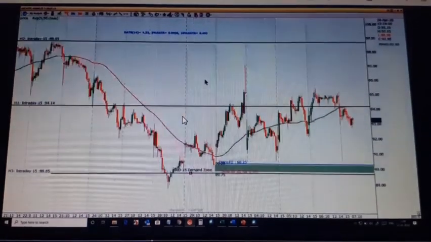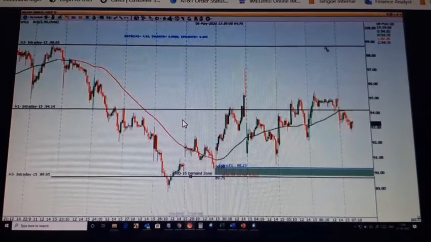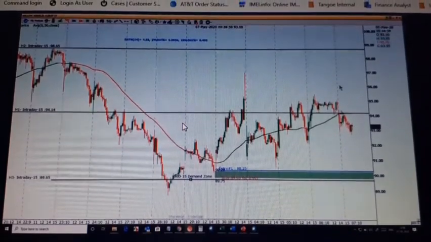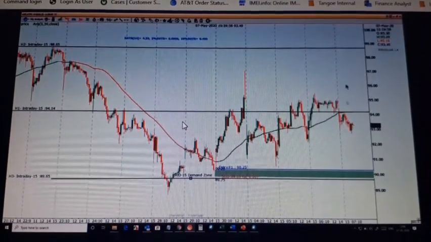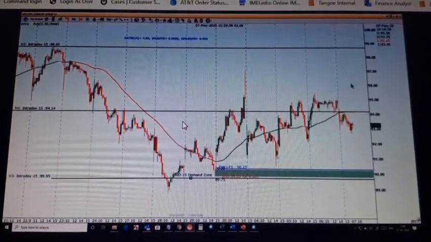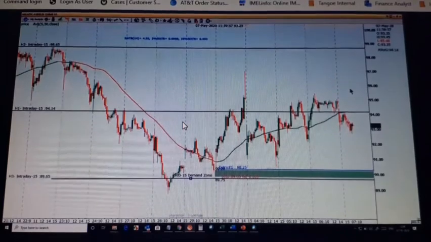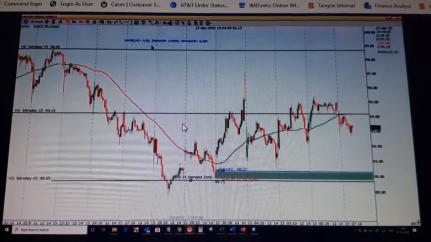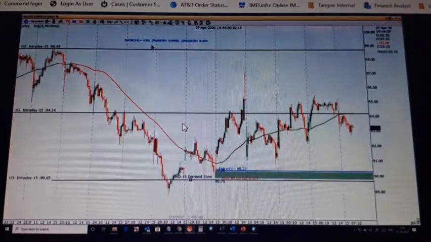So either it will move till here in a day, or it will move to the downside, or it will be within this range. No, nothing in percentile, not percent. It's 4.53. Have you understood what the daily ATR is?